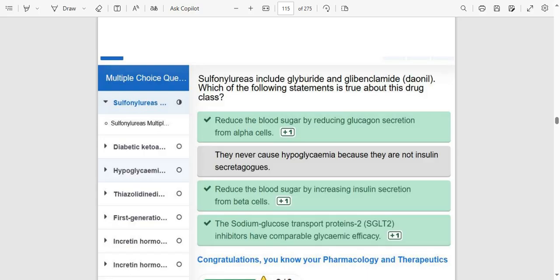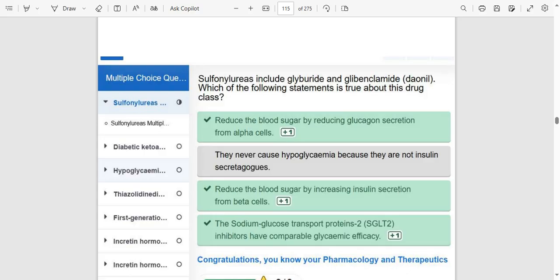We've just said that. Sodium glucose transporter inhibitors have comparable glycemic effect. So meaning with the sulfonylureas and the sodium glucose transport inhibitors, they have nearly the same effect when it comes to managing the condition.